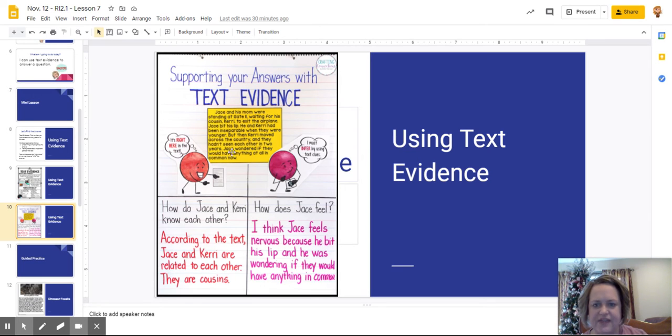Jace wondered if they would have anything at all in common now. So the answer says, I think Jace feels nervous because he bit his lip and he's wondering if he will have anything in common with Carrie.